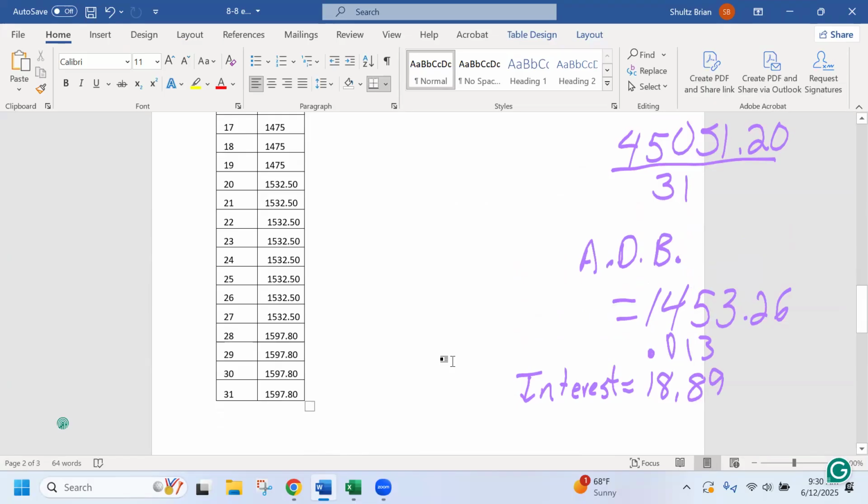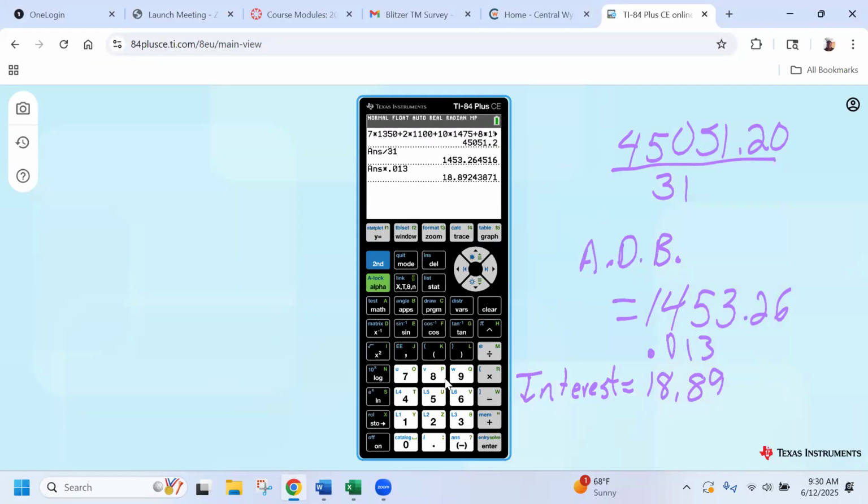I have to add on the interest to get my ending balance at the end of the pay period. Oh, that was wrong.